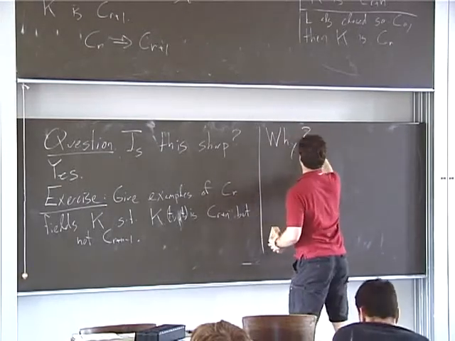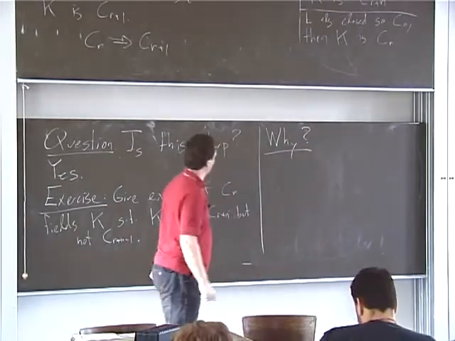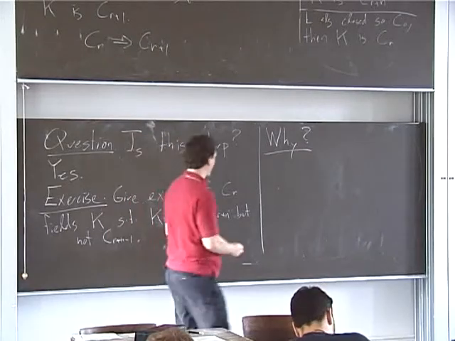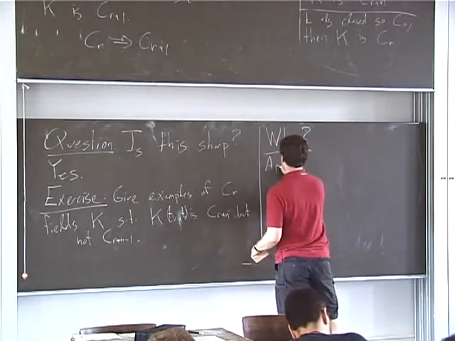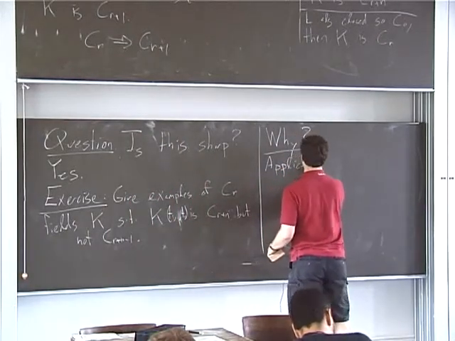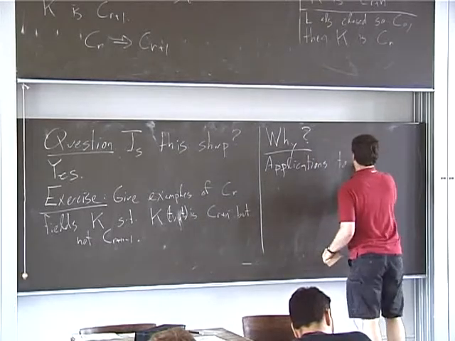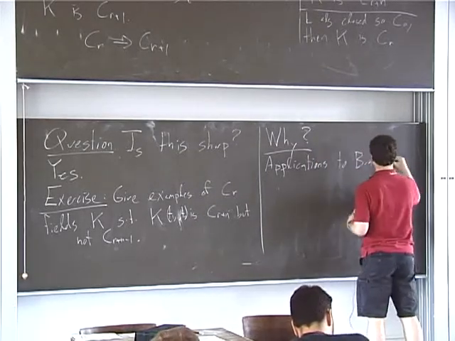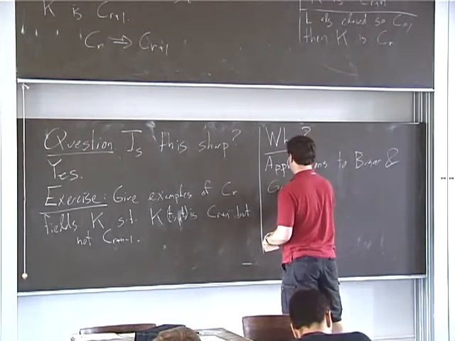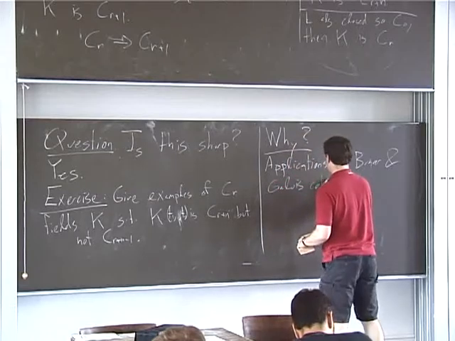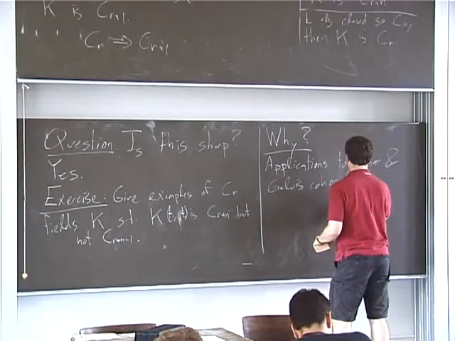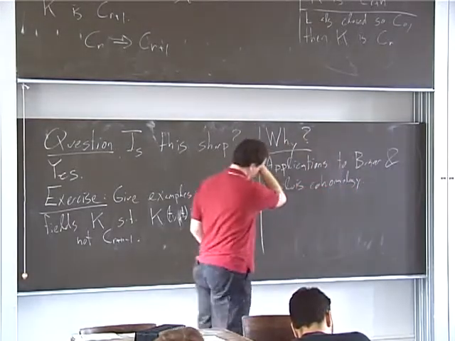Why do we consider these kinds of properties? It's fun, but it's also important. There are applications to Brauer groups and Galois cohomology. So what are they?